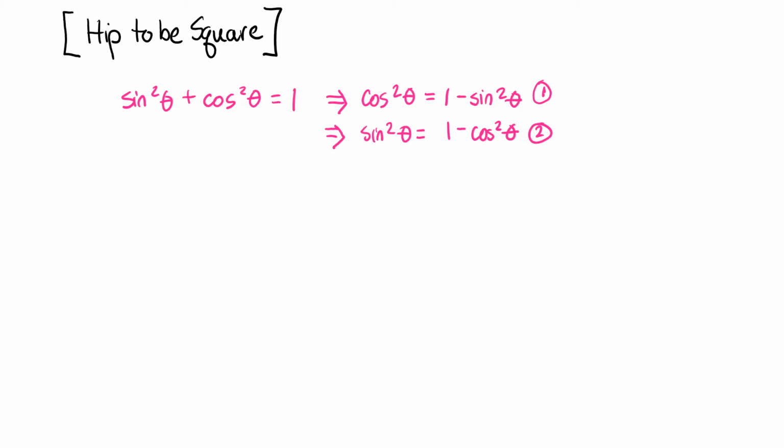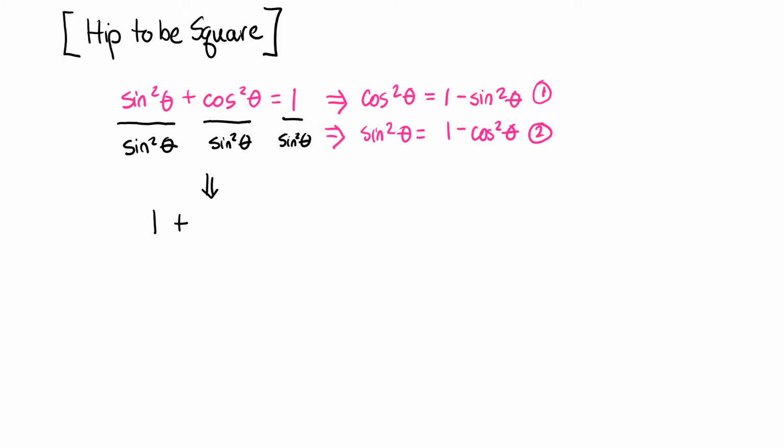Now, going back to the original trig identity, sine squared plus cosine squared equals 1, if we divide through by sine squared theta, that means we divide both sides by sine squared theta, we get a new trig identity. Namely, we get 1 plus, well, remember what cosine over sine is.